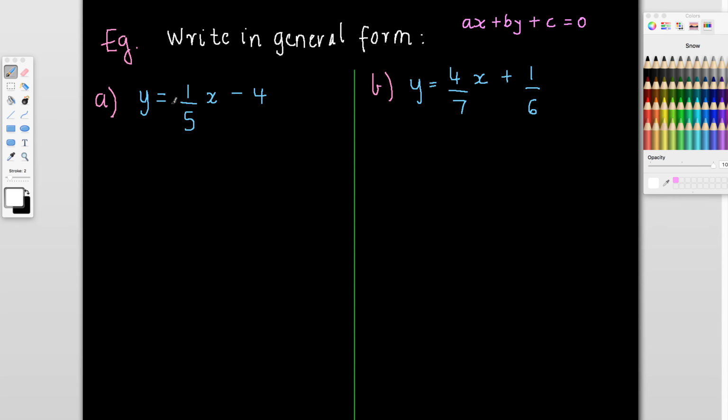My first step, as you can see, is I've got a 5 denominator over here, and I want to get rid of that. To do that, I multiply the entire equation, both sides, so effectively every term gets multiplied by 5.